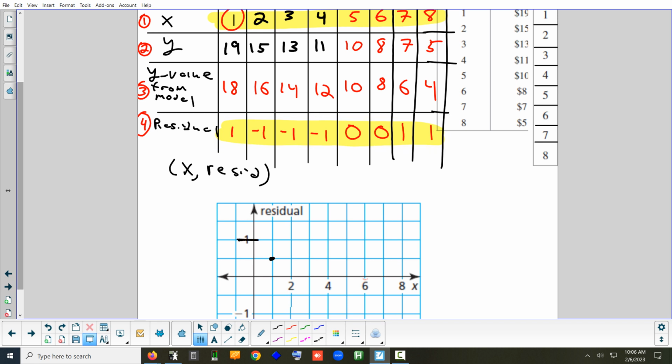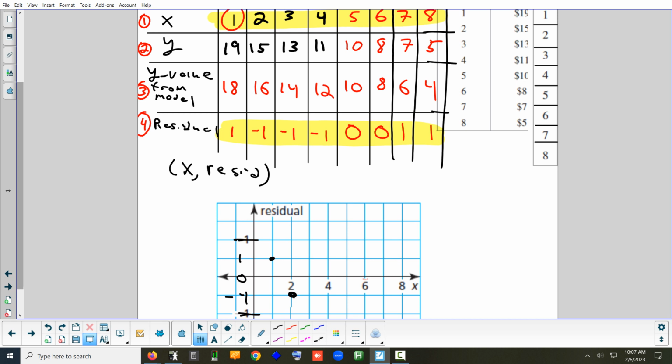I don't like how it's numbered. This will be 0, 1, -1. I don't know why they were going by 0.5s in that picture, but let's just go by ones. That's easier. So 1, 1. That looks good. And then 2, -1. Right there. Okay.